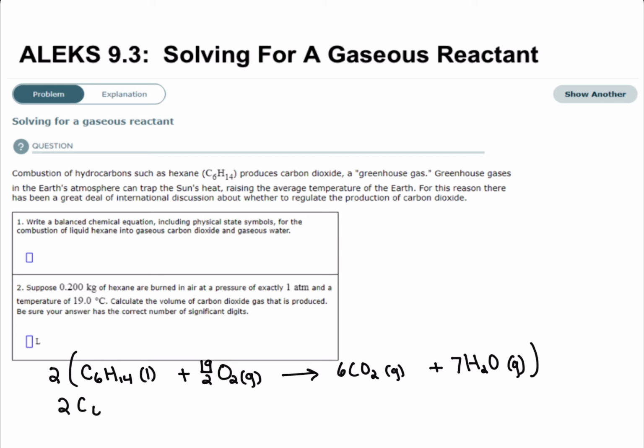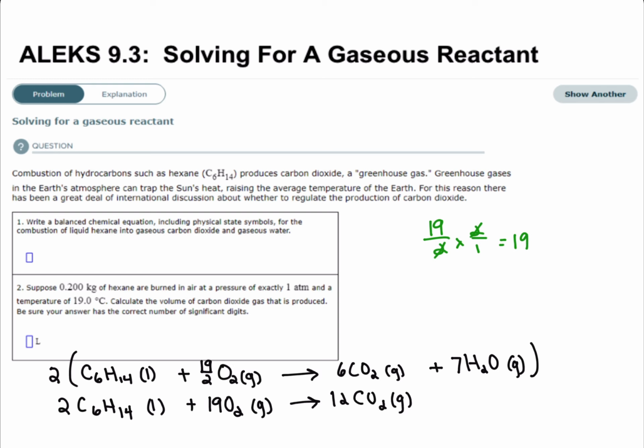This gives me 2 C6H14, and 2 times 19 over 2 is just 19. So now I have 19 O2. 2 times 6 is 12, and 2 times 7 is 14.